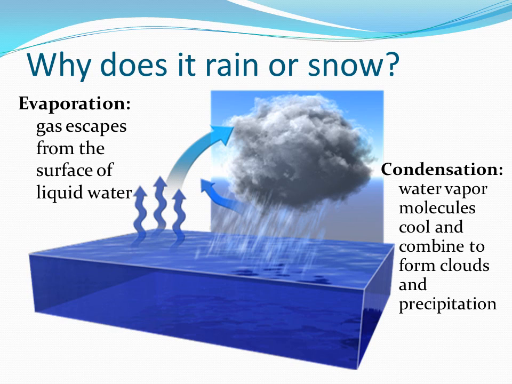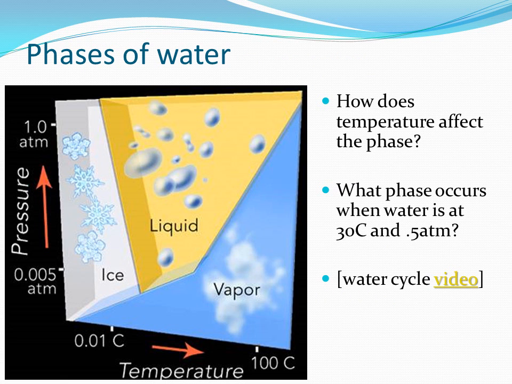So condensation is where water vapor molecules cool and combine to form clouds and precipitation. So when we're talking about evaporation and condensation, we're talking about changes between the different phases of water.